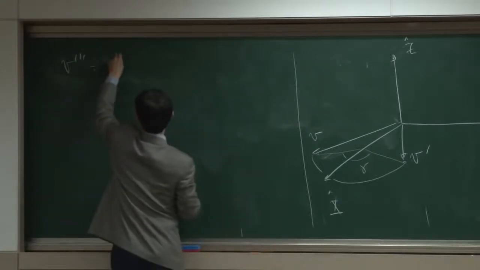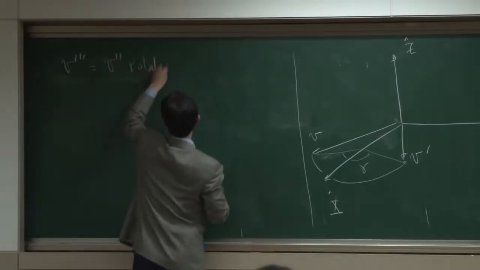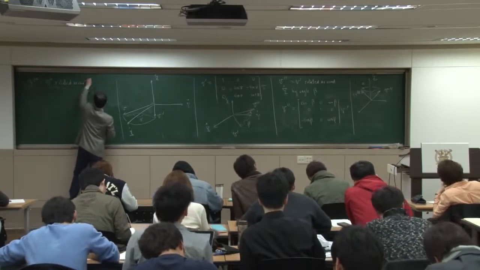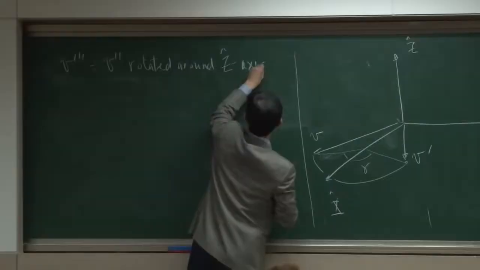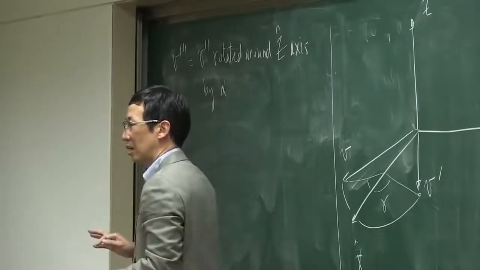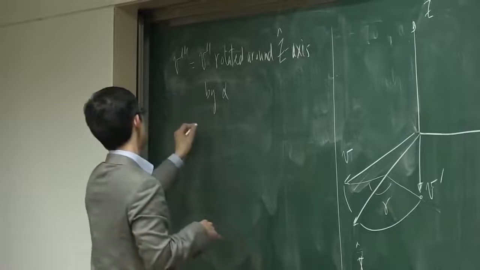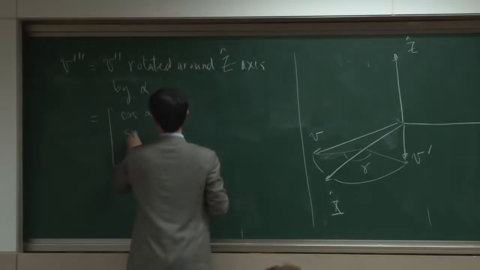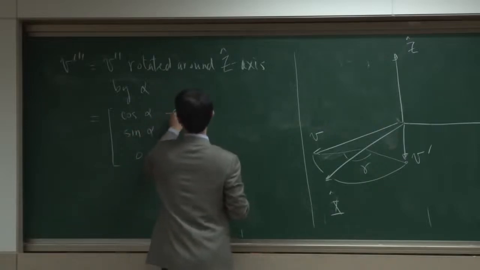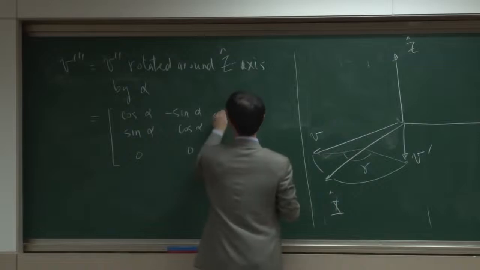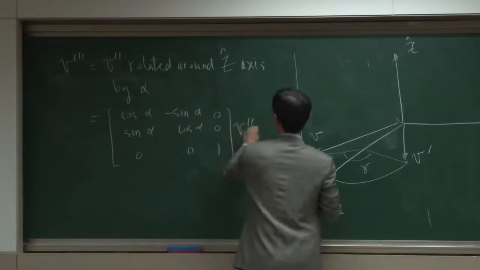It's v double prime rotated around the z-axis by alpha, and this equals cosine alpha, sine alpha, 0; minus sine alpha, cosine alpha, 0; 0, 0, 1; times v double prime.